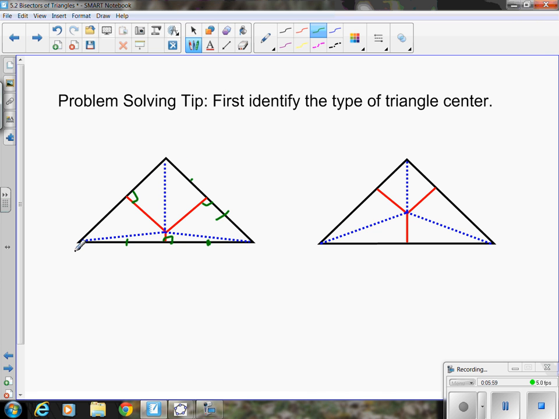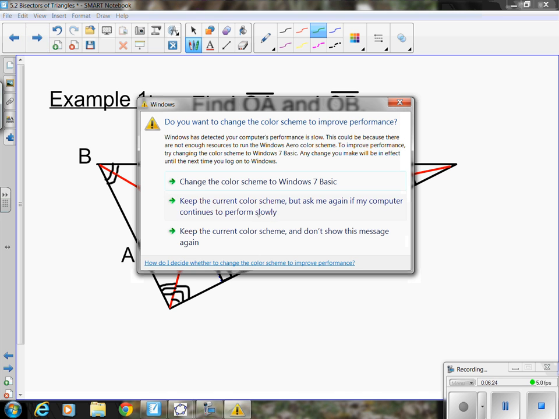That means I have a circumcenter, which means these blue lines are all the same length. Here the blue lines are not all the same length. It's the red lines that are all the same length. We have angle bisectors making an incenter. So it's important to figure out which segments are the same length to solve problems like this on the next page.